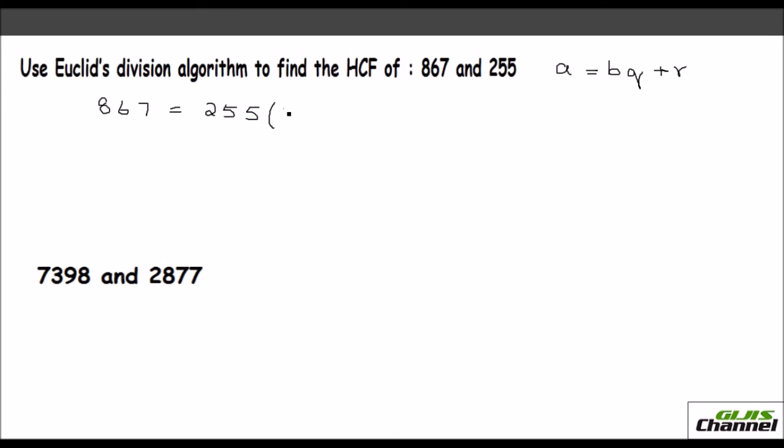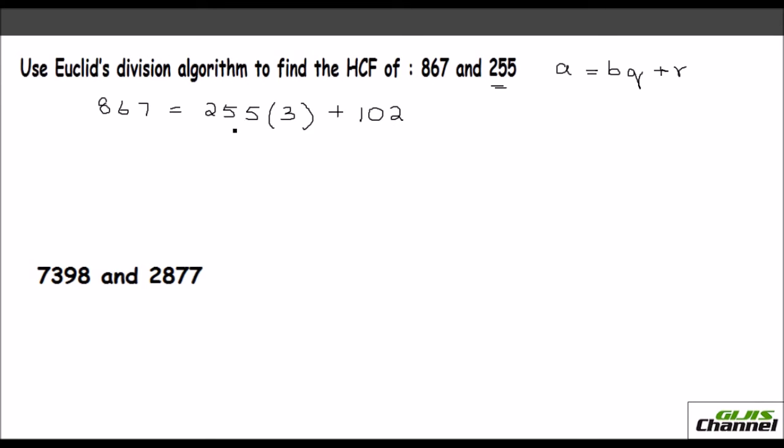That would be 3 times, and the remainder here you would get is 102. So you can write 867 as 255 times 3 plus 102, where 255 is the smaller number given here, 3 is the quotient you have found, and 102 is your remainder.